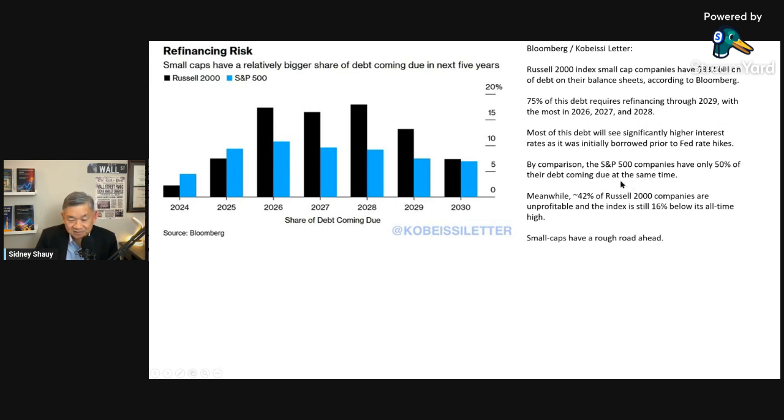By comparison, S&P 500 companies only have 50% of that debt coming due at the same time. Meanwhile, there's another piece of information here from Kobeissi's letter: 42% of Russell 2000 companies are unprofitable, and the index is still 16% below its all-time high.